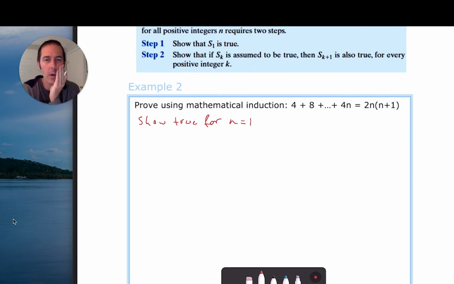N equals 1. So how many terms am I going to have on the left-hand side of the equation? 1. When n equals 2, I'll have 2 terms. When n equals 3, I'll have 3 terms on the left-hand side of the equation. But at the moment, I've only got 1. Look up here with me. 4 plus 8 plus dot, dot, dot, all the way up to 4n. How many terms are there right there?